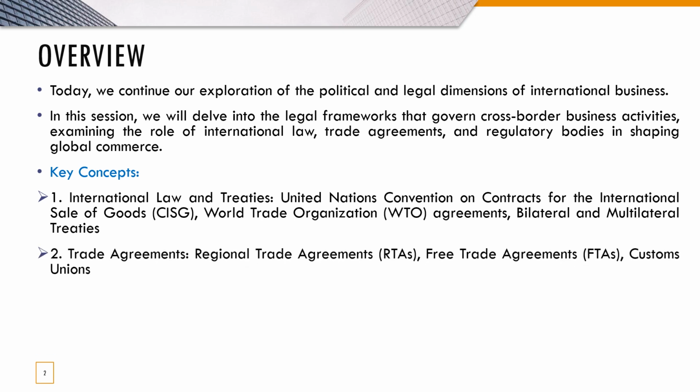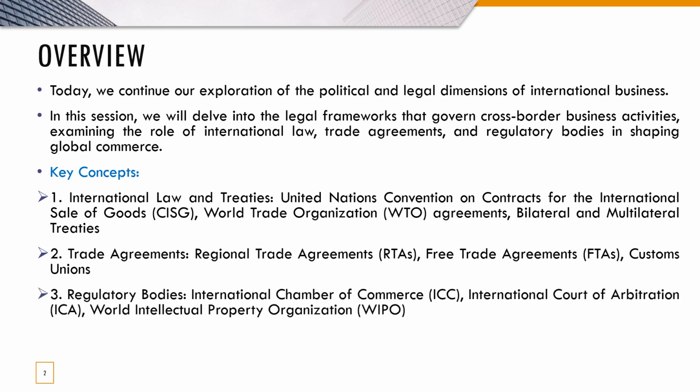Trade agreements. Regional trade agreements, free trade agreements, and customs unions. 3. Regulatory bodies such as the International Chamber of Commerce, ICC, International Court of Arbitration, World Intellectual Property Organization.